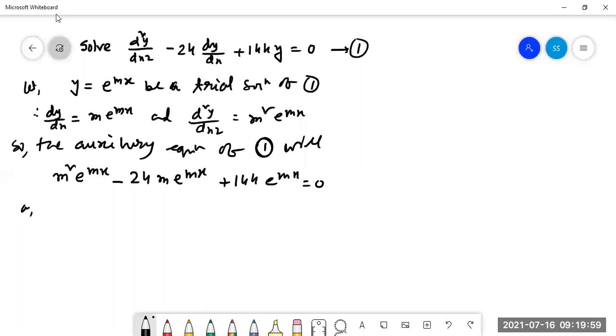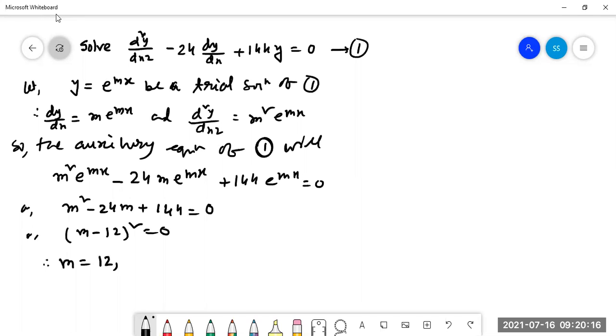So from here, as e to the power mx is not equal to 0, we can write m² minus 24m plus 144 equal to 0. So from here we can write that (m minus 12) whole square equal to 0. So m equal to 12, 12.